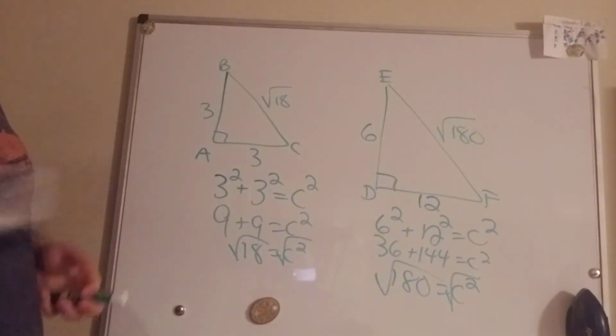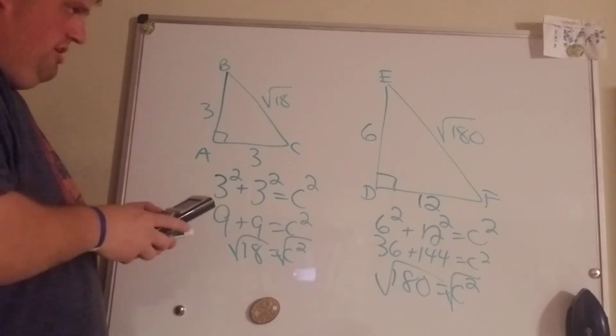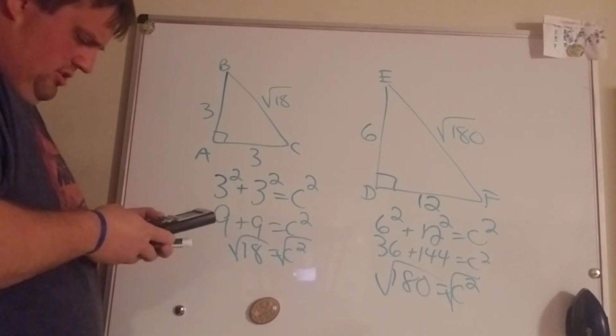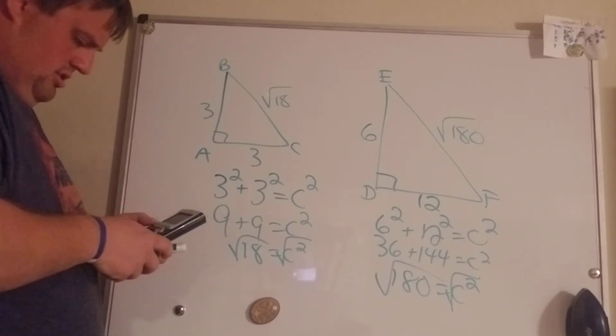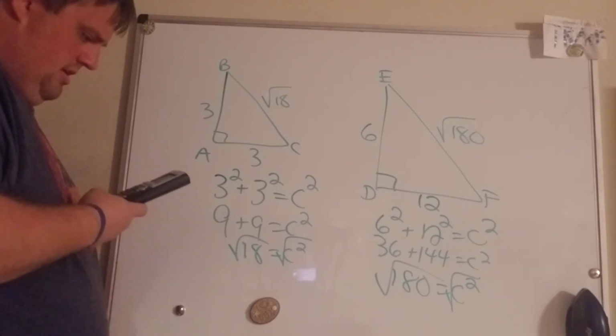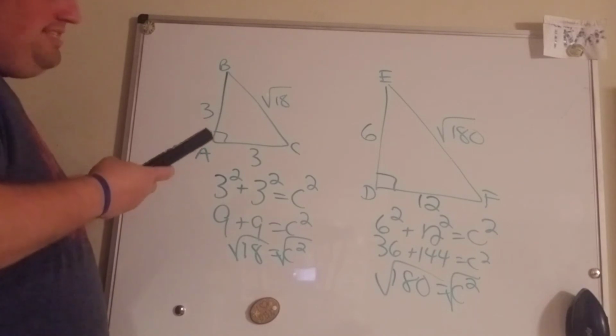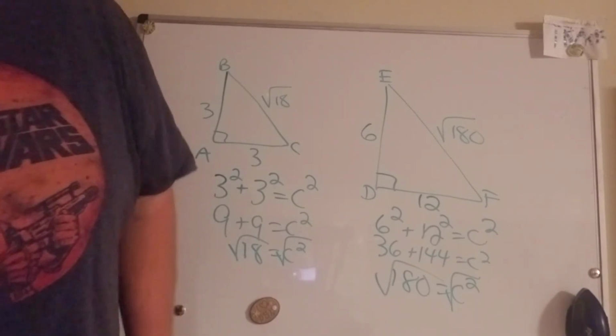So in my calculator, anytime I want to know how many times larger, I'm just going to divide. So square root of 180 divided by the square root of 18. And we get that it's about 3 times larger. About 3.